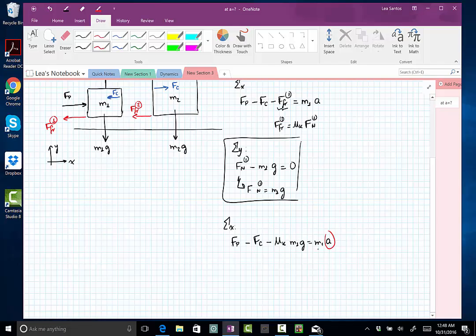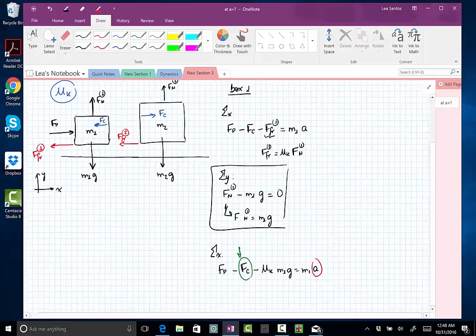Well, I have the mass, it's given, g I have, the coefficient of kinetic friction is given, Fp is also given. My problem here that prevents me from solving this problem with just this equation is the force of contact.